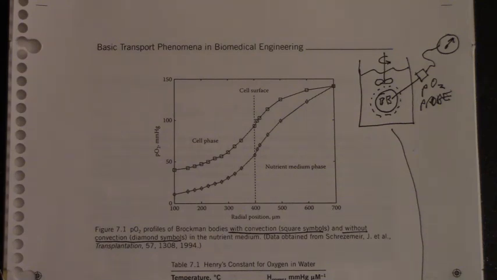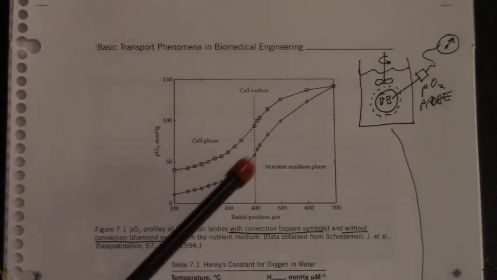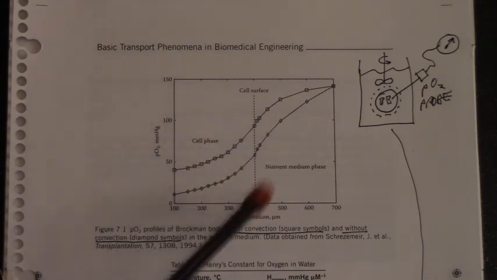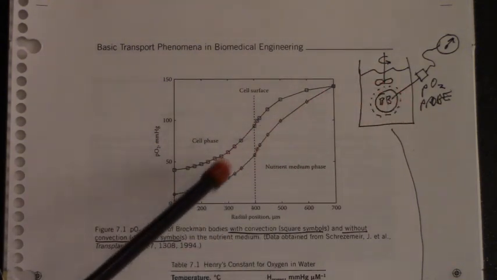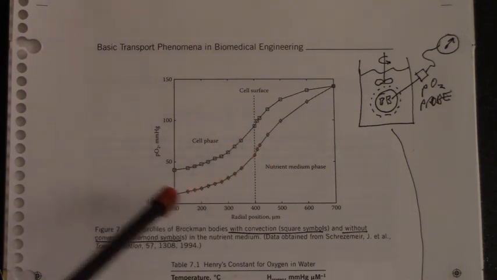And after we get done discussing the diffusion and reaction model for the spherical Brockman body, we'll start talking about the role of hemoglobin. So what we want to do then is take this situation here and these data, and we'd like to find at what rate do these cells in here actually consume oxygen.